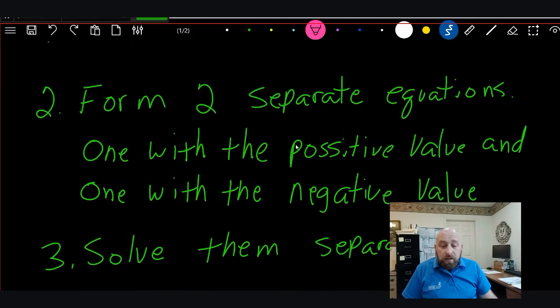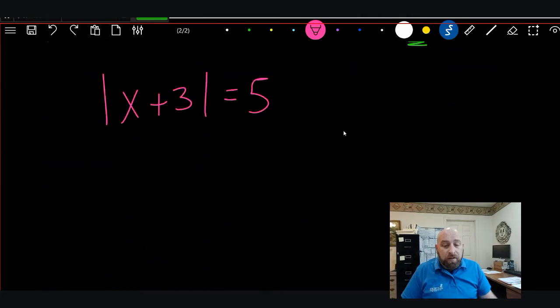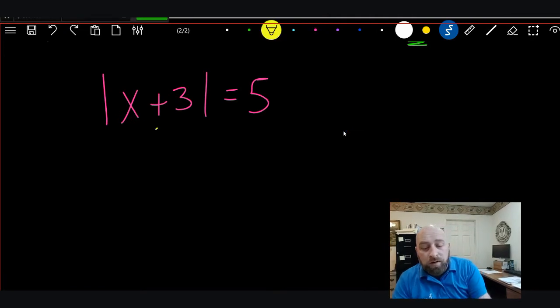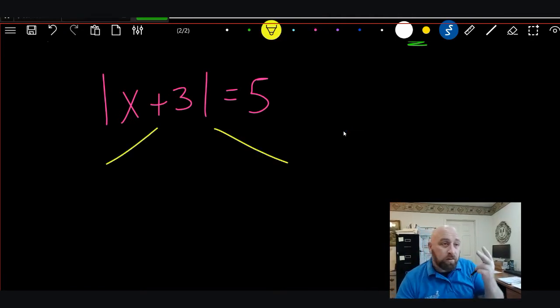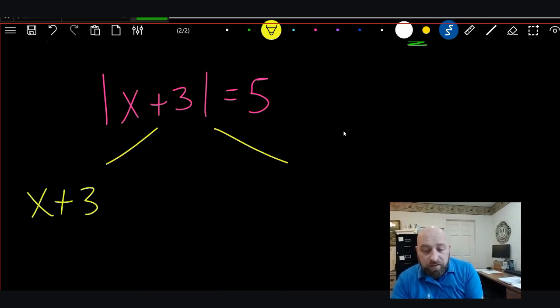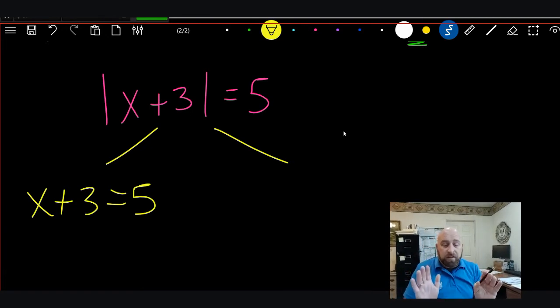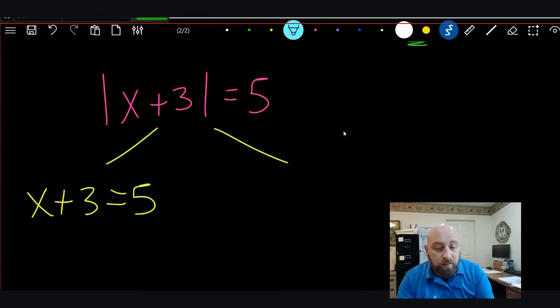That was easy. Step number 2, form 2 separate equations, one with the positive value and one with the negative value. So let's come over here, and what we want to do right now is break this down into 2 separate equations. So this would be the positive value, x plus 3 equals 5. In other words, we don't change anything. We just take the positive value of this.